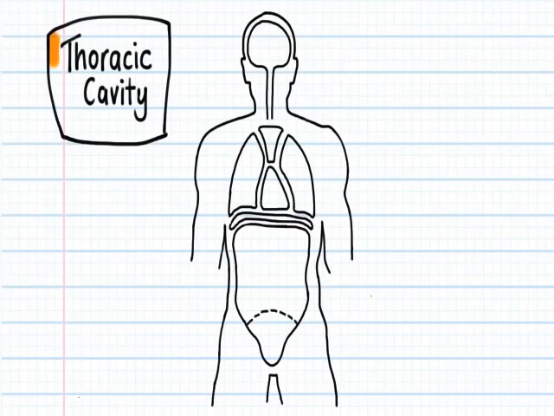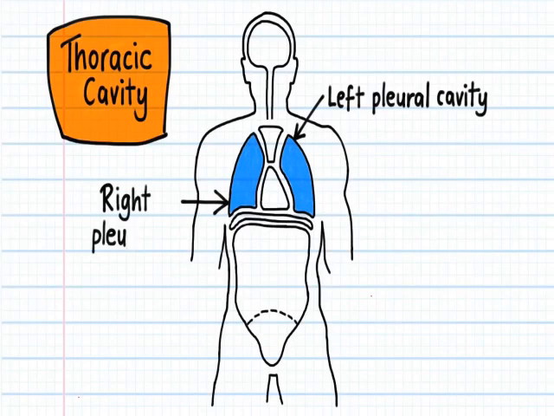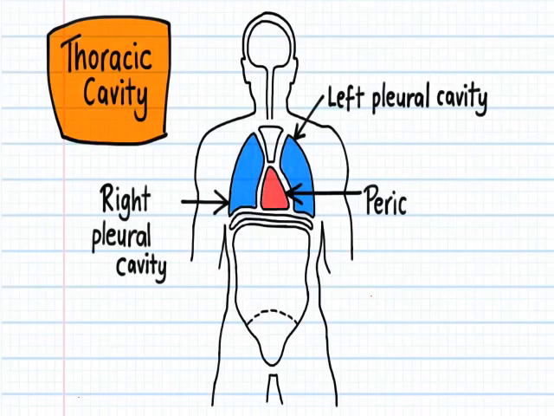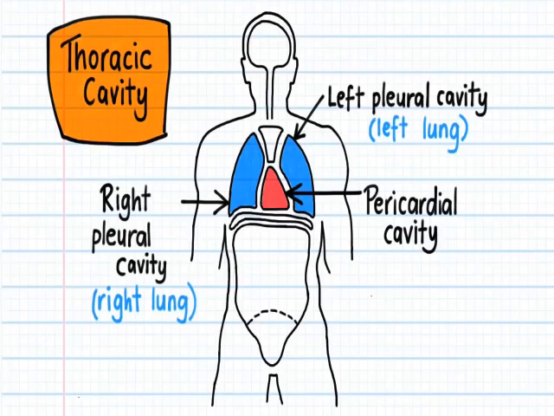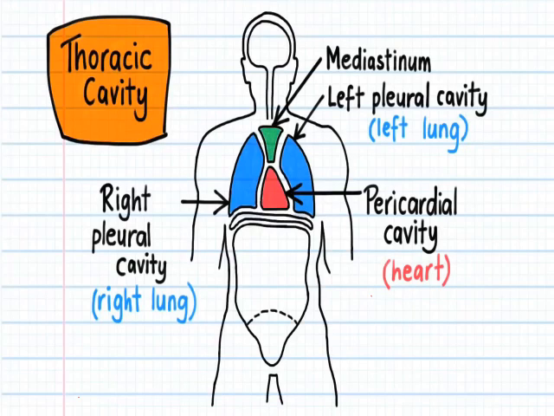The thoracic cavity can be subdivided into the left and right pleural cavities, and a central pericardial cavity. The pleural cavities contain the lungs, and the pericardial cavity contains the heart. Separating these three cavities is a partition called the mediastinum.